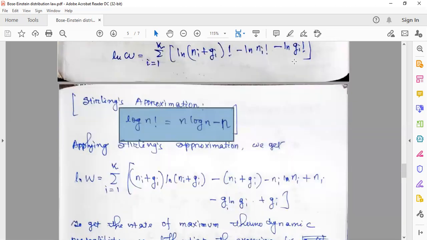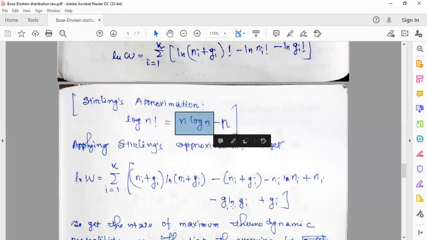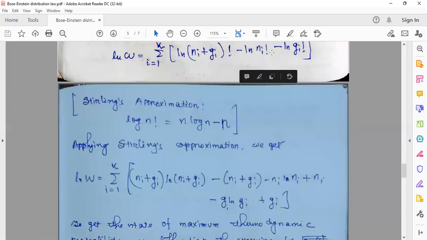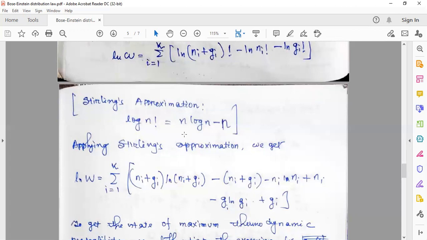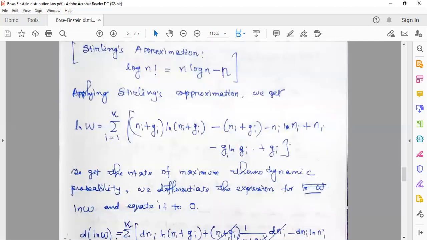What we'll get is gi log of gi, and plus means, since there is a minus symbol here, minus minus will become a plus, so minus gi natural logarithm of gi, plus gi.